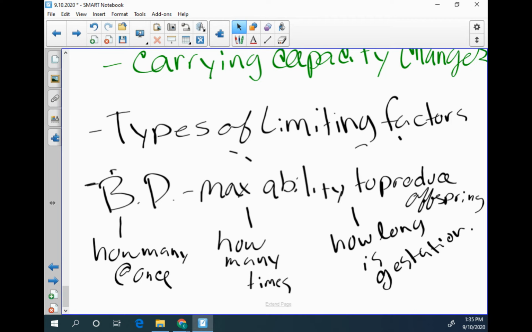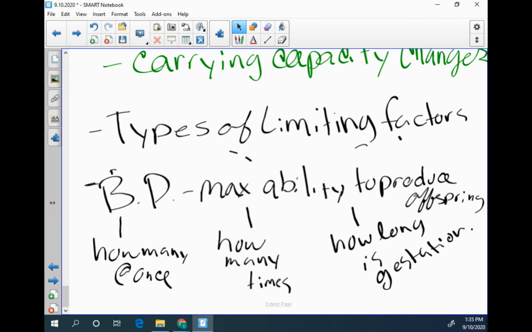Elephants usually only have one baby. And usually only once, maybe twice in their lifetimes. And gestation is really long. Let's look it up.